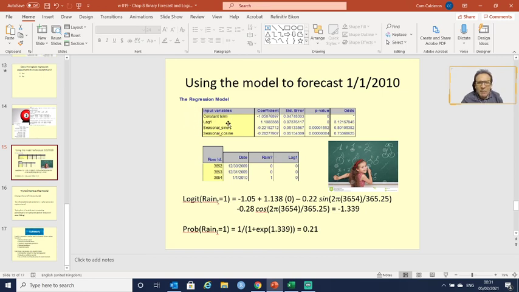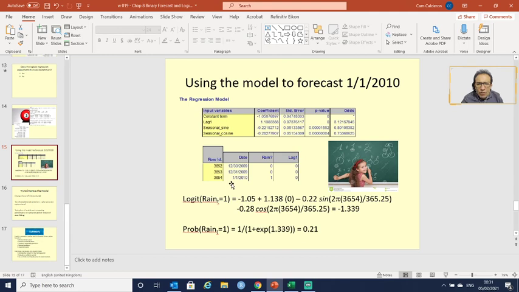Here we have the input variables, the coefficients, the standard errors. The p-values are okay, as you can see, less than 1%, very close to 0. And here we have the odds, right? You can see the odds of something happening. I think this regression, at least this outcome, is interesting.